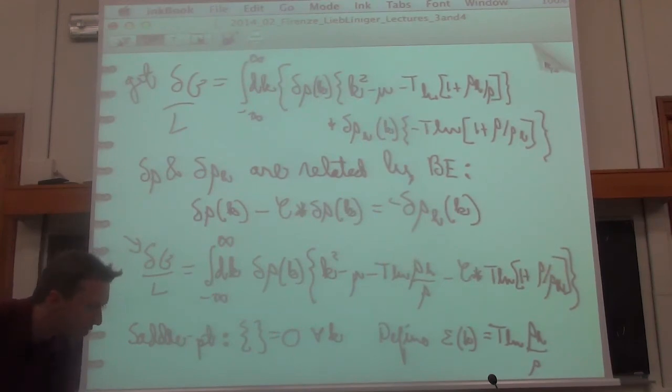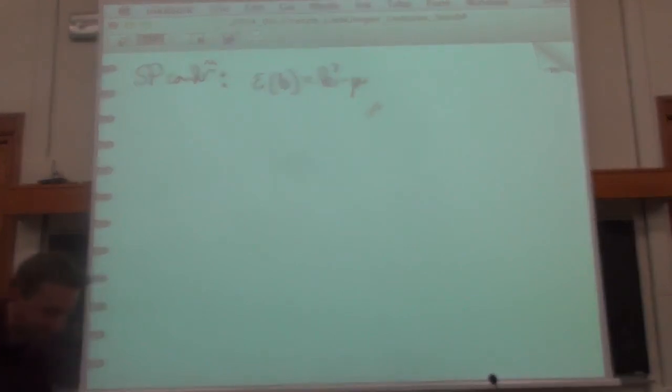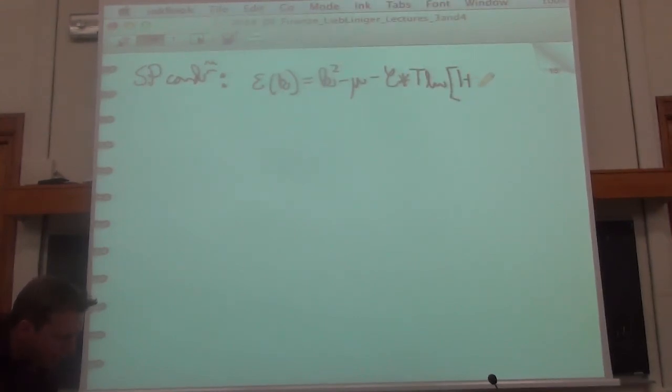So the saddle point condition becomes a single equation: epsilon of k is equal to k squared minus mu minus c star t log of 1 plus e to the minus epsilon of k over t.